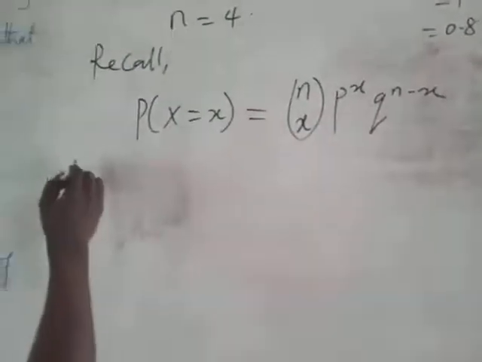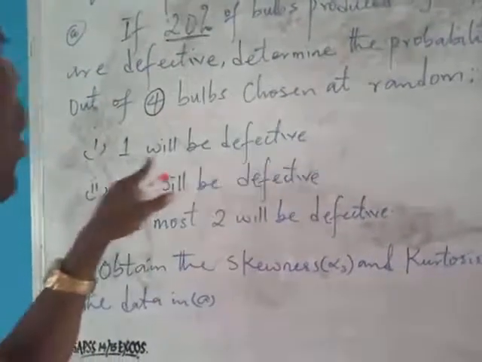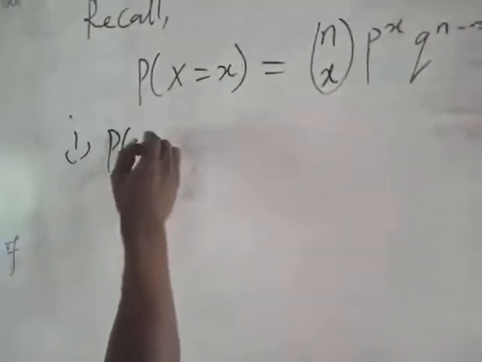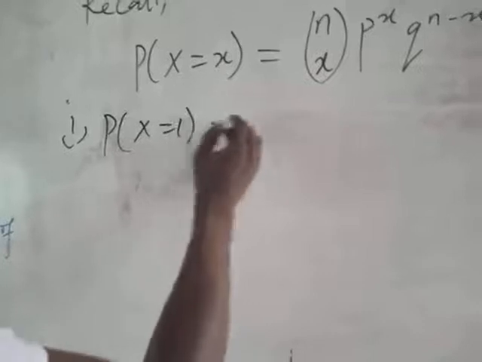We can easily solve for number 1. That is, 1 will be defective. It means x is equal to 1.